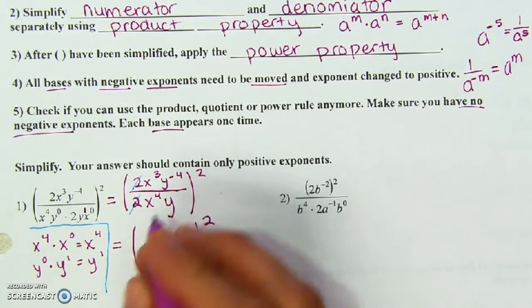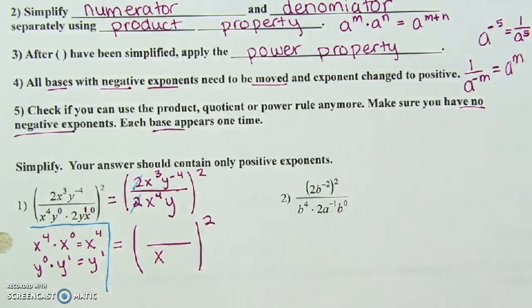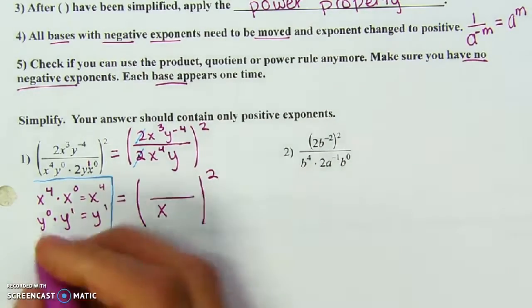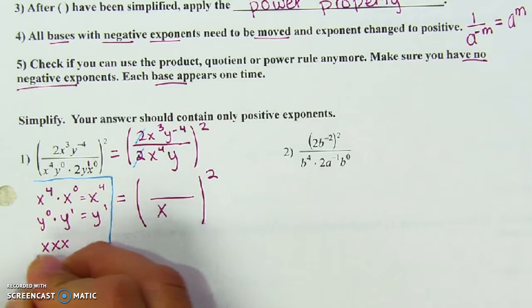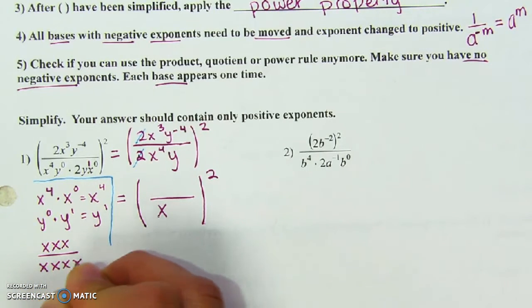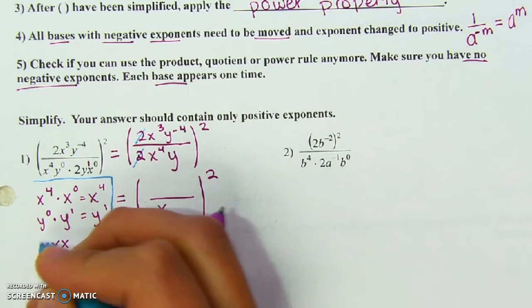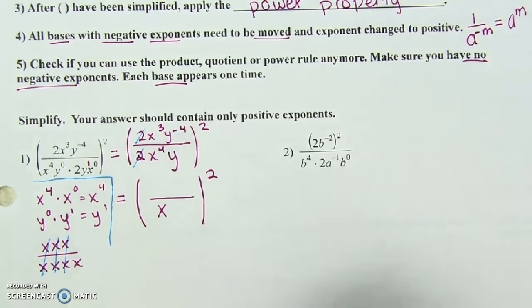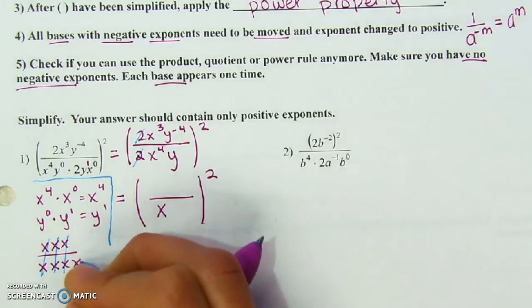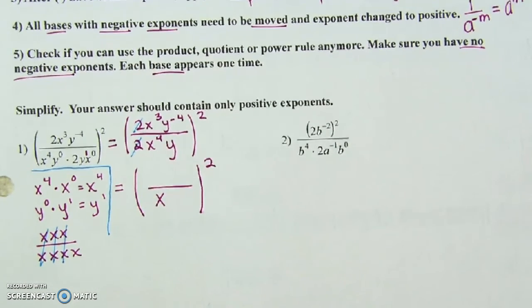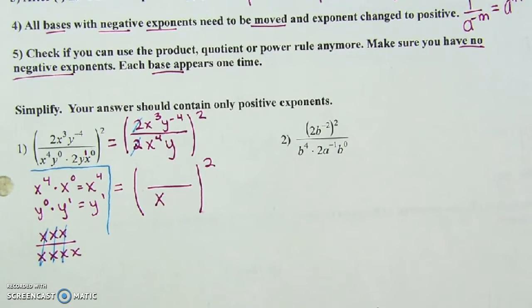So because 4 is bigger, the x to the power of 1 will stay on the bottom. What did I just do? I did this. There were x cubed on top, x to the 4th on the bottom. 1, 2, 3, cancel, and 1x is left in the denominator. So there are my x's.